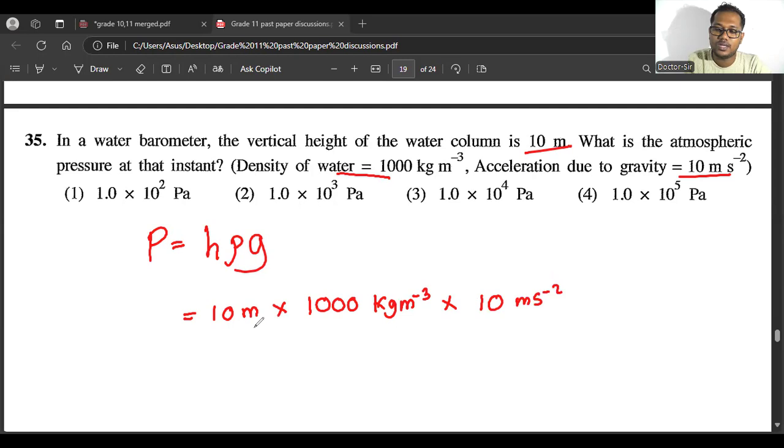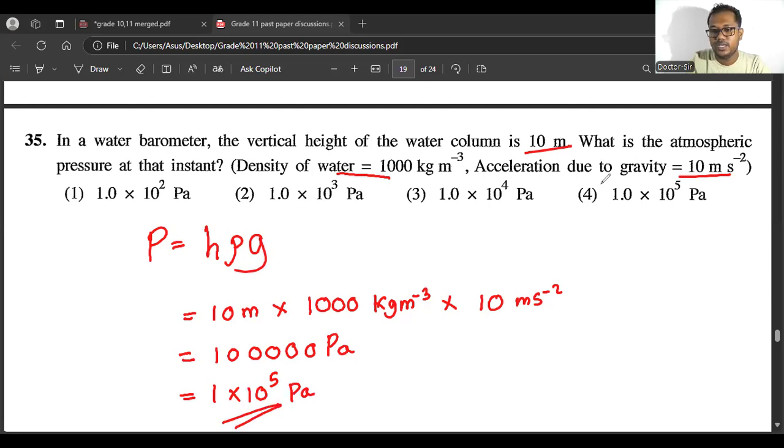So we can calculate it: the unit is going to be Pascal. So 1 multiplied by 10^5 Pascal. So it is the fourth answer. How many of you got this answer?